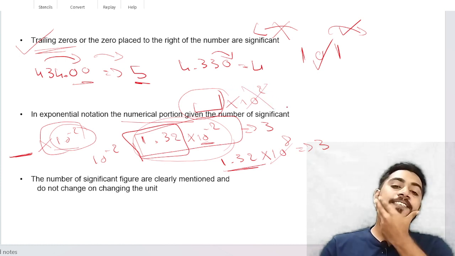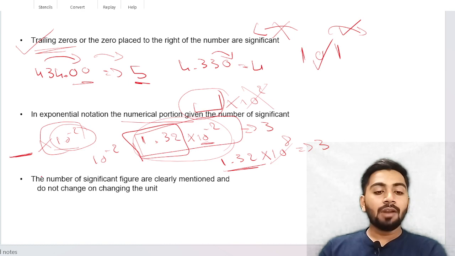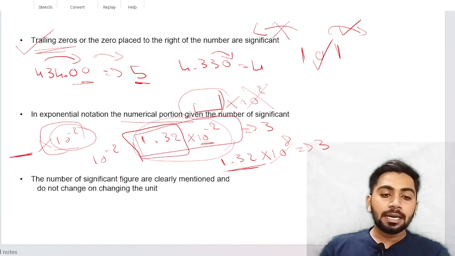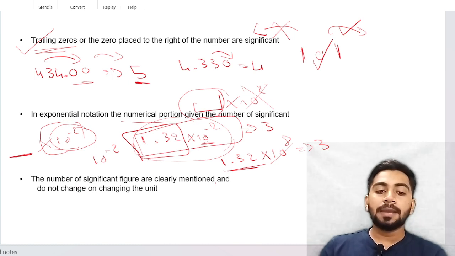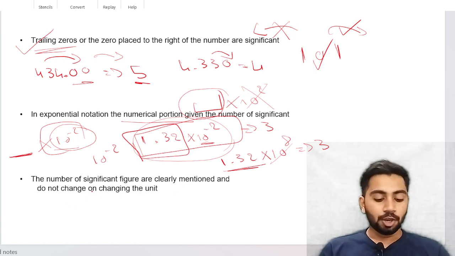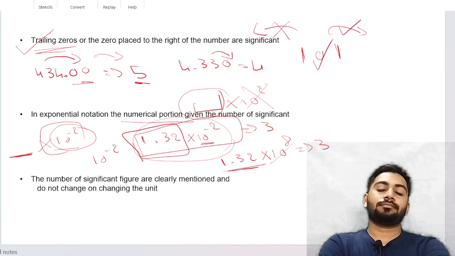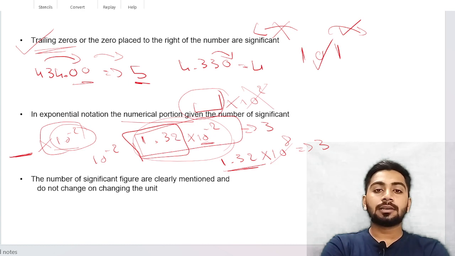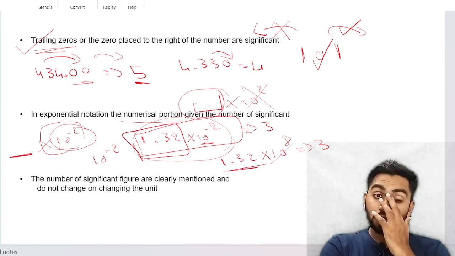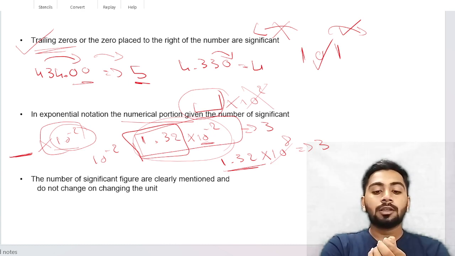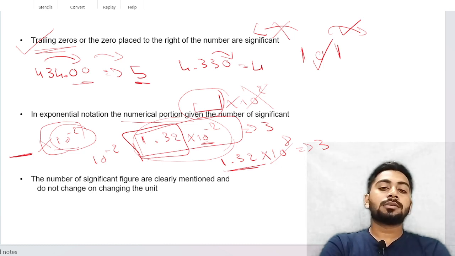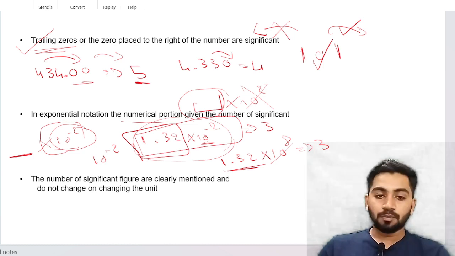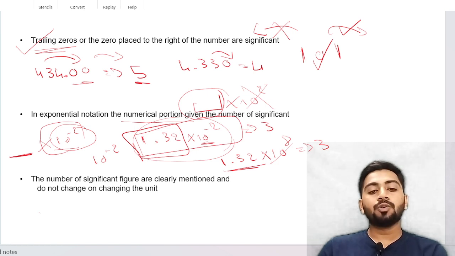Okay now guys. Last one: the number of significant figures is clearly mentioned and does not change on changing units. See, so simple. Suppose you measured one value and got 1.5 meter.